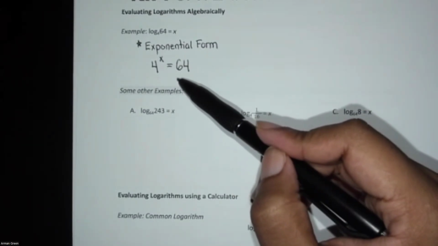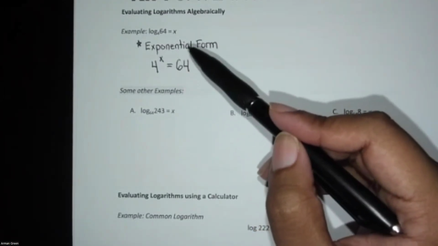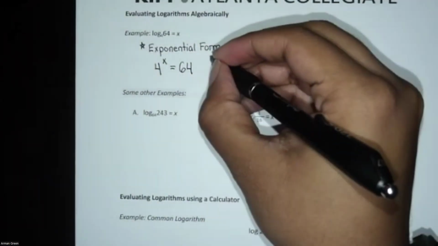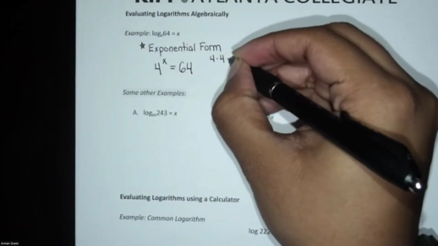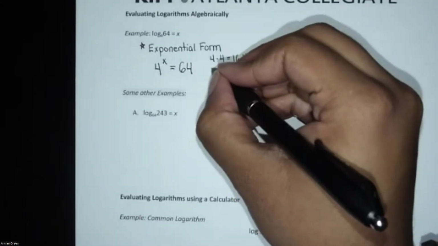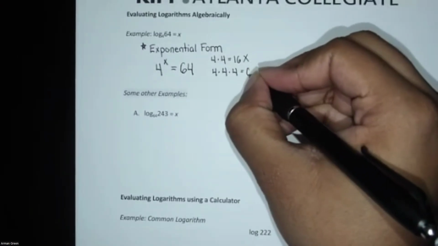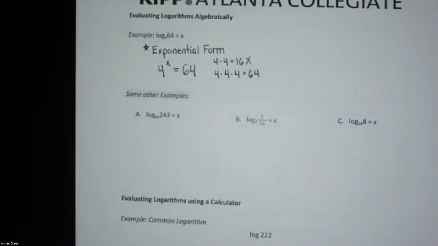This is something where you might want to test this out on your own, or you might have to play around with it. You might do 4 times 4, which is 16. So you realize, okay, this doesn't work. But if I did 4 times 4 times 4, that in fact does equal 64.